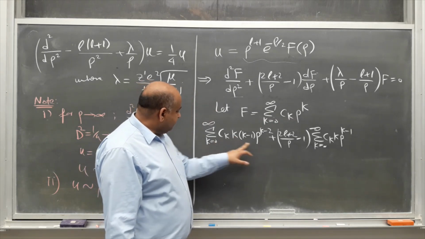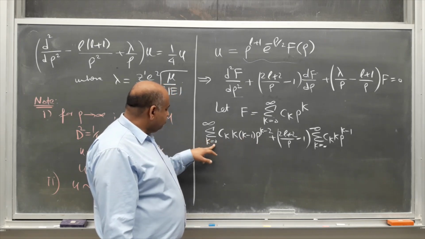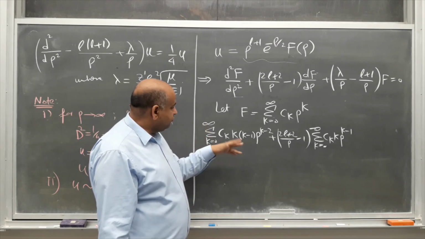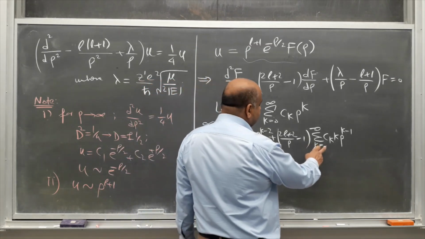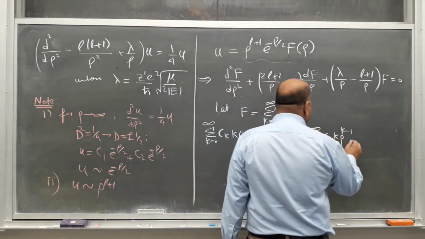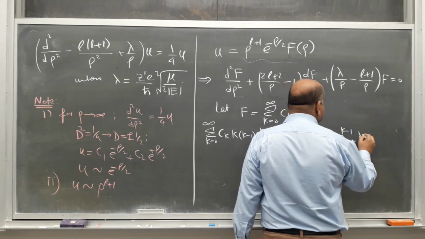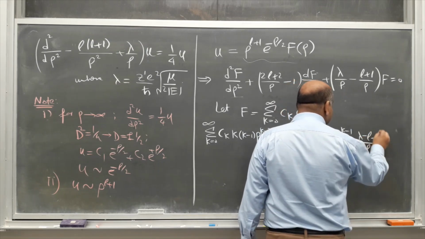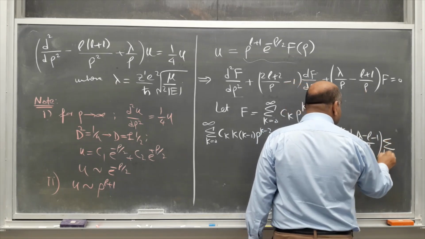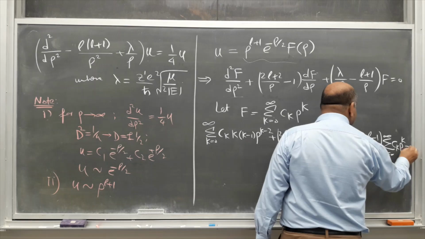When k is 1, this term is still 0 because this is k minus 1. And the summation really starts from k equal to 2 to infinity, but let's keep it from k equal to 0 for generality. Similarly here, the sum actually starts from k equal to 1 because for k equal to 0, this is 0. And over here, this is actually just minus this because this rho is common to both. Sum over k from 0 to infinity of ck rho power k equals 0.